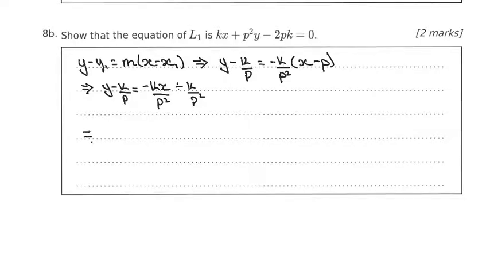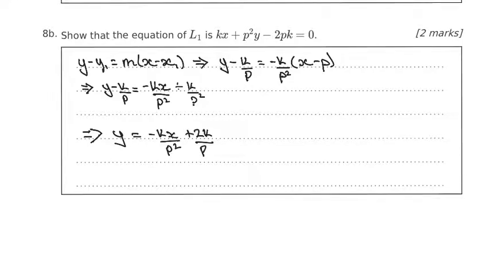Therefore, we get y is equal to minus kx over p squared plus 2k over p.